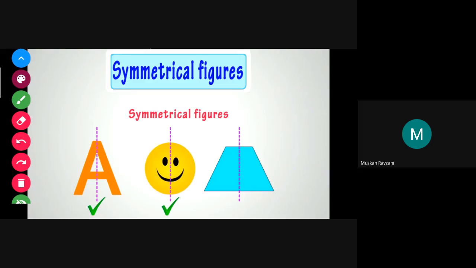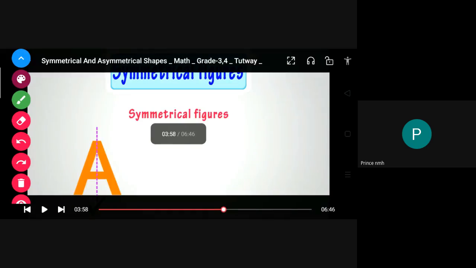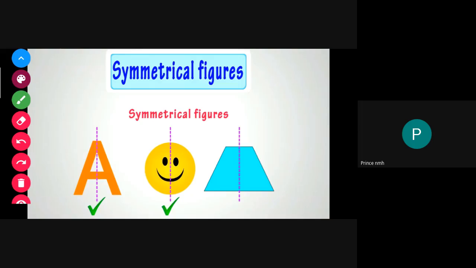Now shall we read out or do the next? Then this one after the smiley, yes, tell me, who? Ma'am, which shape is after the smiley? Pentagon. So if 5 sides are there, if 6 sides are there, if 7, everything.